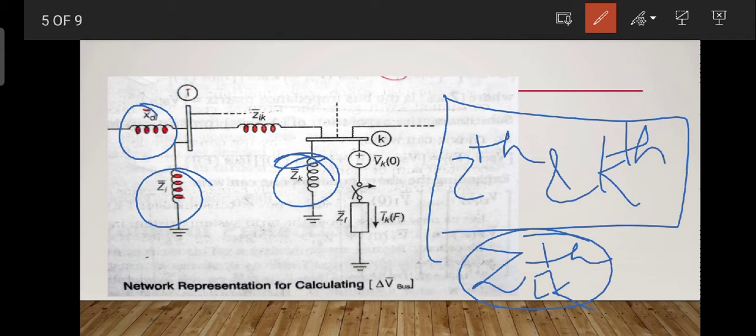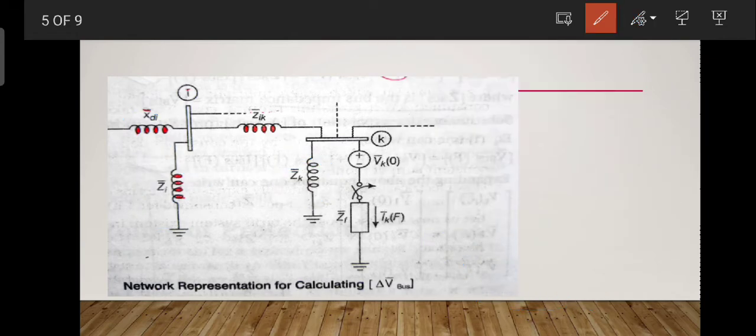The fault current: V_K0 is the pre-fault voltage at the kth bus. From the superposition theorem, the bus voltage due to fault can be obtained as the sum of the pre-fault voltage and the change in the voltage due to fault. So let me erase first.